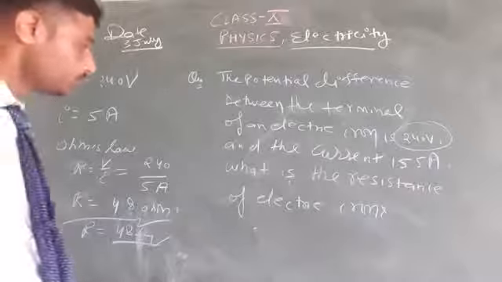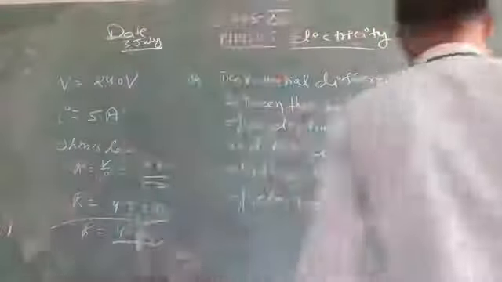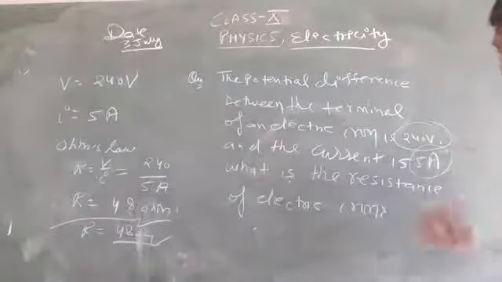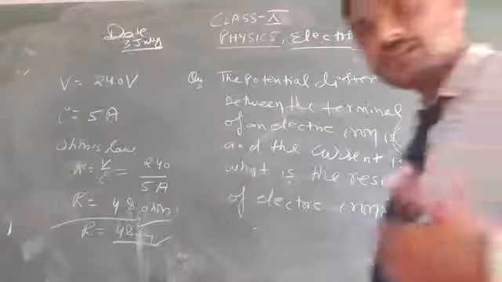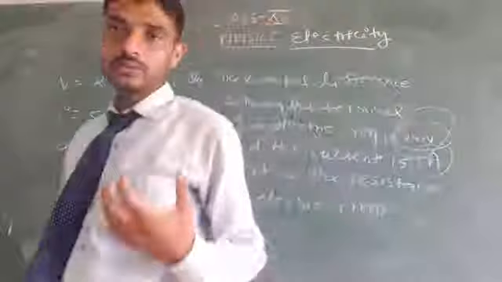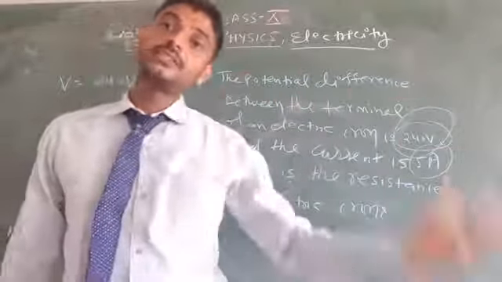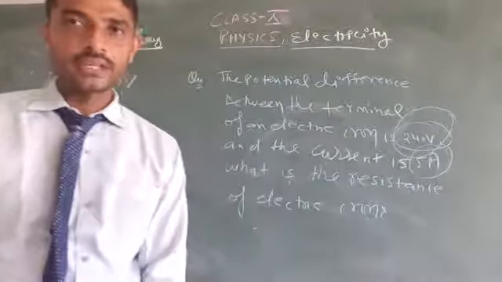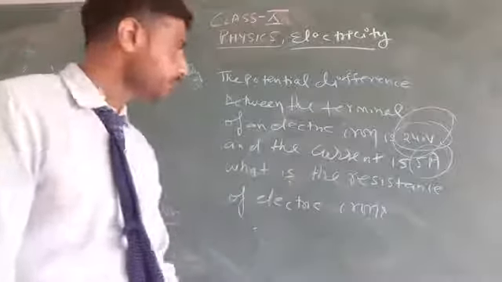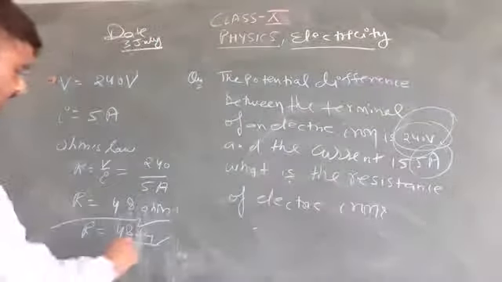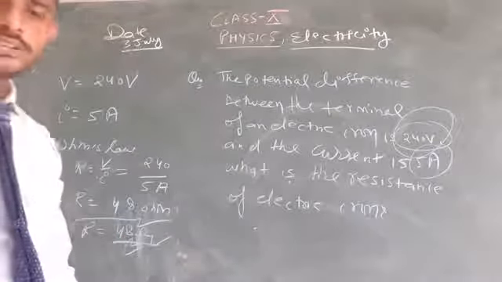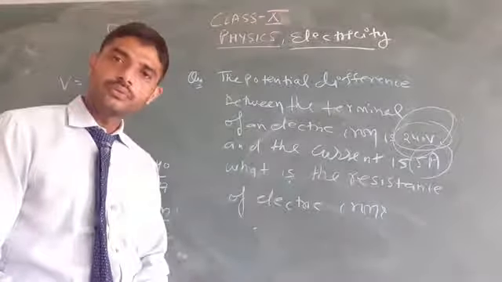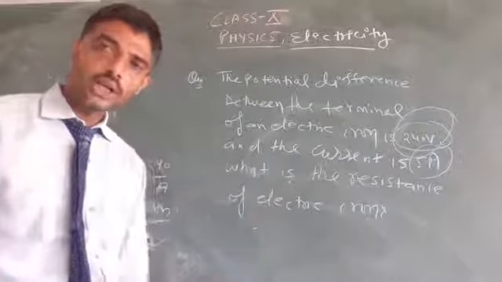Okay. So if 5 ampere current flows and 240 is the voltage, then the resistance of the electric appliance is 48 ohm. So I hope you understand how to solve this type of numerical.